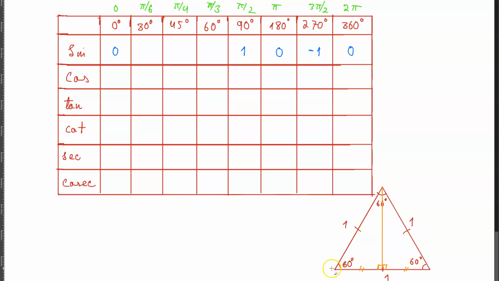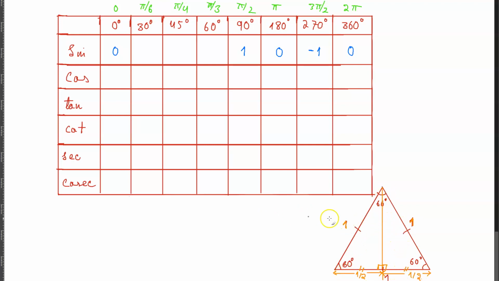Since the whole length is 1 unit, this becomes 1 divided by 2, and this becomes 1 divided by 2. So you have 1 unit here, 1 unit here, and 1/2 unit here, 1/2 unit here.